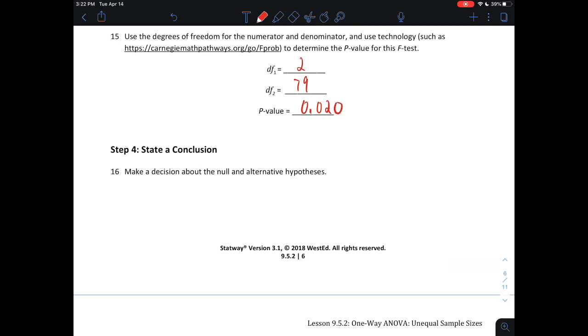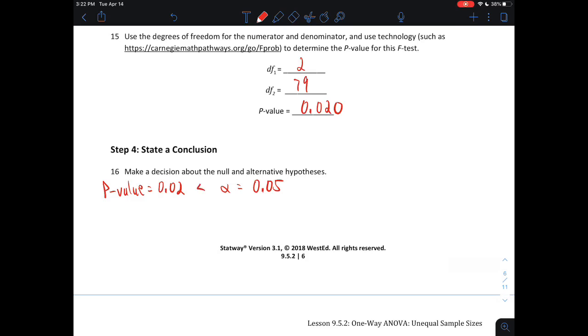So number 16, make a decision about the null and alternative hypothesis. If you go all the way back to the beginning of the lesson, you'll see that our significance level was 5%. So we said that alpha was 5% or 0.05. Our p-value is 0.02, and that is less than alpha.